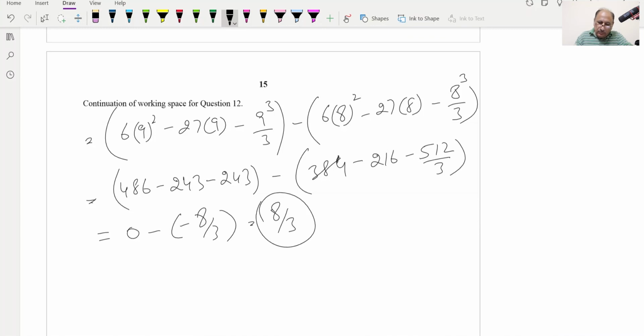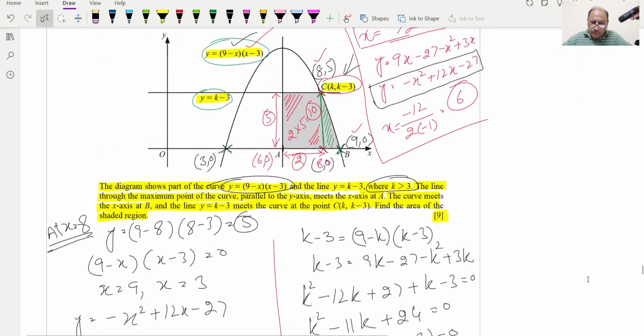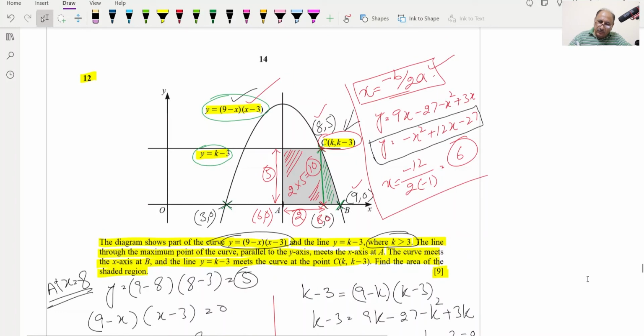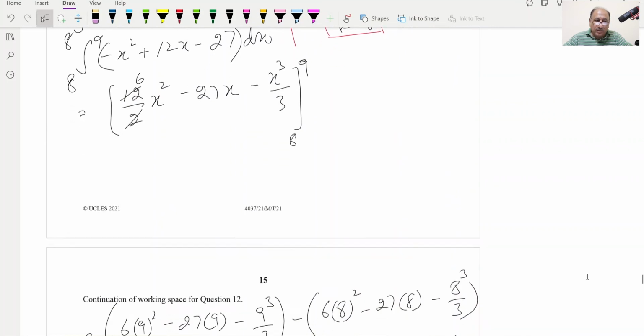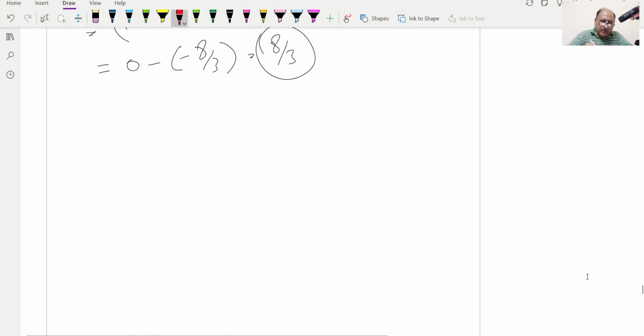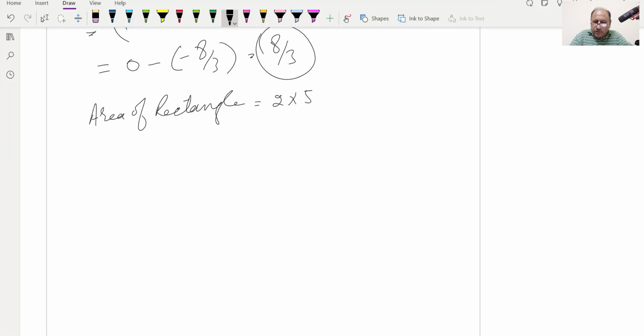Now this is the area which we have calculated for this portion, which is 8 over 3, and this one is 10, so we can add the whole area. The area of the rectangle will be equal to 2 into 5, which I have shown in the diagram, so this will be 10.